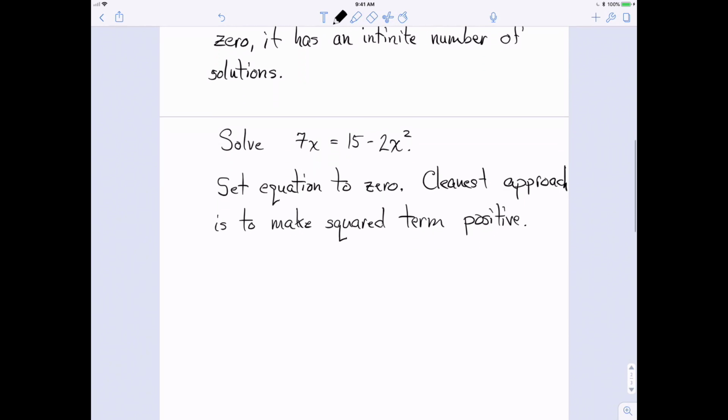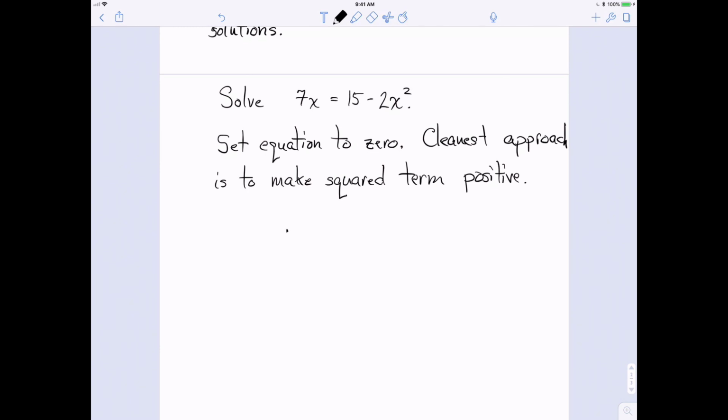Okay, so let me rewrite this. We have 7x equals 15 minus 2x squared. So we can make it positive by moving it to the other side.